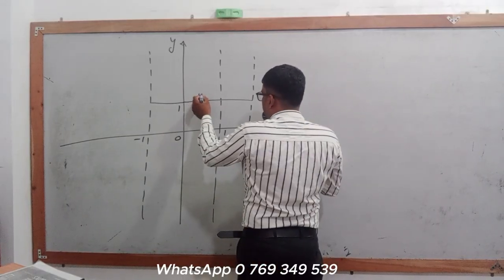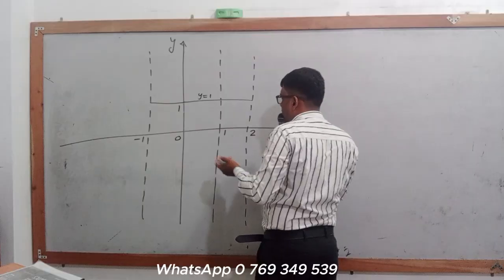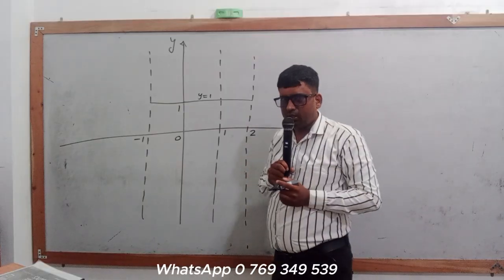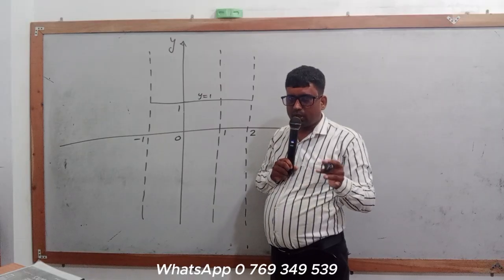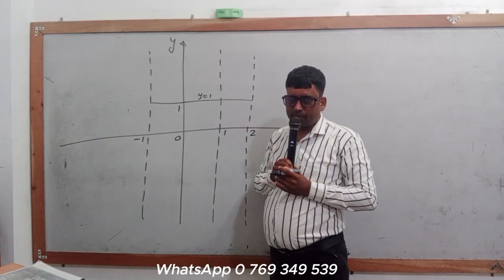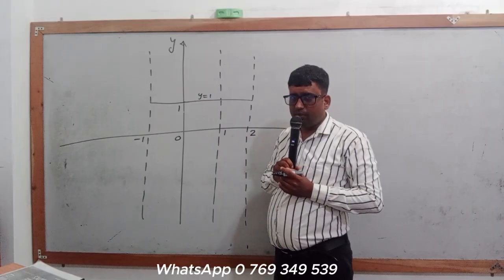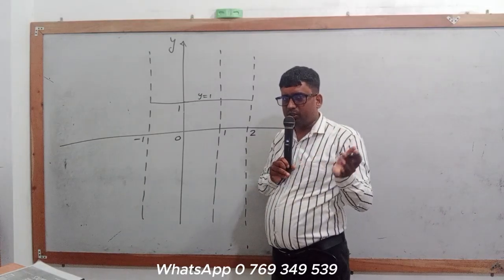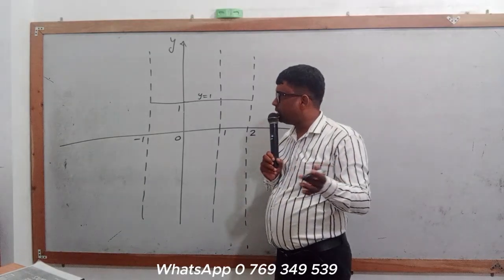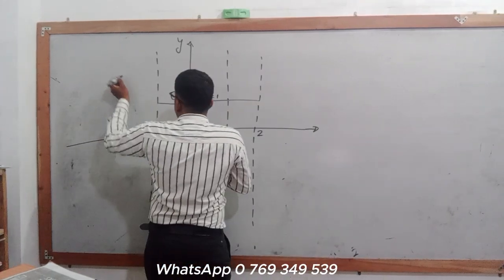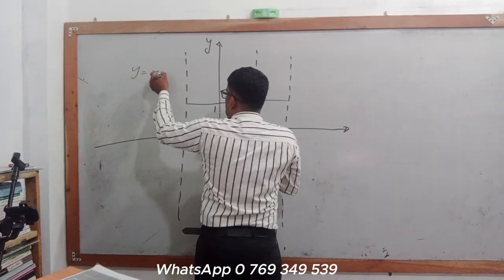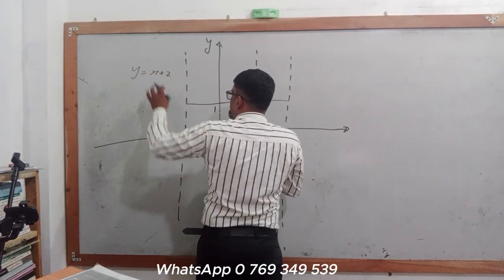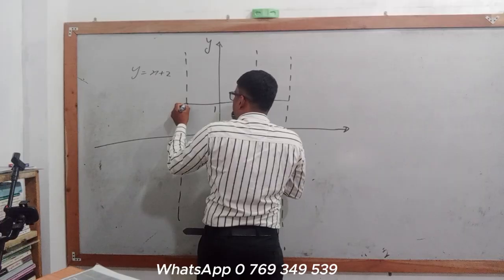This is y equals 1, for x anything in the middle range, right? And for x plus 2, on the lower side, we take minus 1 for x plus 2, right? This is y equals x plus 2, no? We put minus 1, this is the 1. Therefore, this is the point.